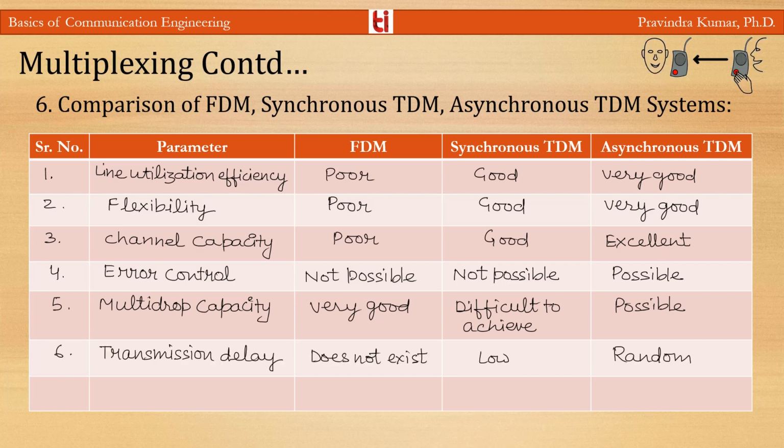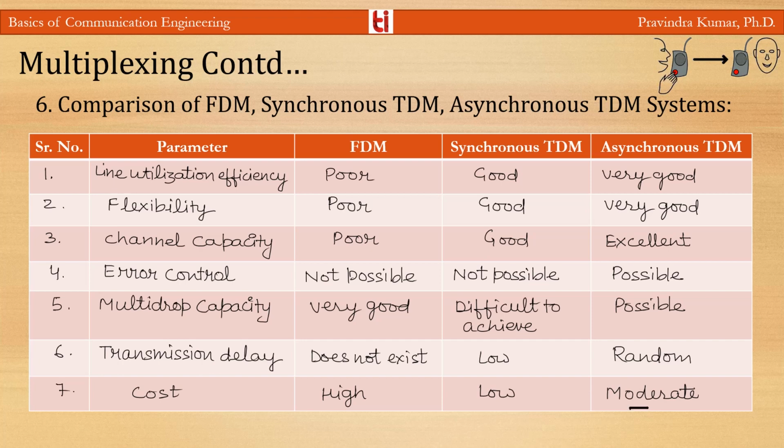And if we talk about the transmission delay, in FDM there is no transmission delay, in synchronous TDM there is low transmission delay, and in asynchronous TDM there is random transmission delay. And from the point of view of cost, in FDM the cost is high, in synchronous TDM the cost is low, and in asynchronous TDM there is moderate cost.